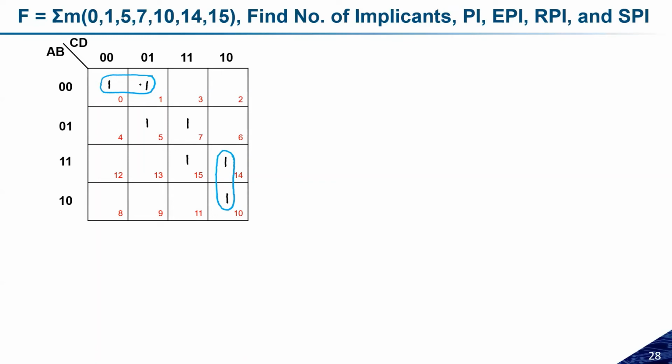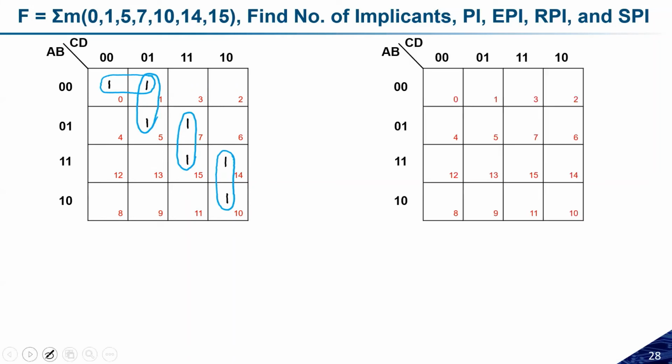Now, if you see here, what are the other possibilities that I can consider? Either I can make this pair and this pair. This is one of the possibilities.